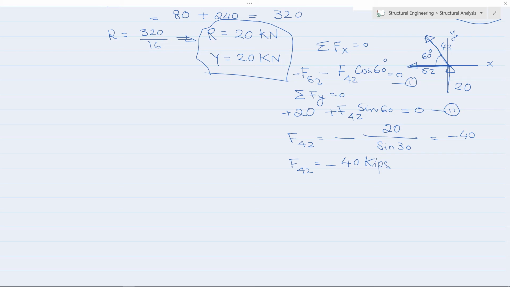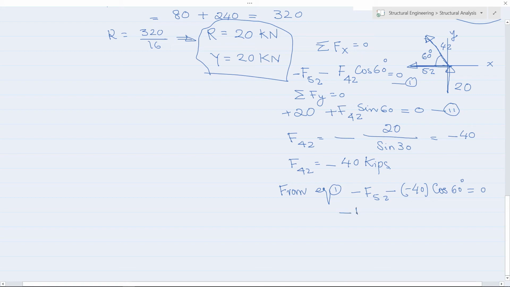Now, if we take equation number 1, minus F52 minus F42 cos 60, with F42 equal to minus 40, equals 0.